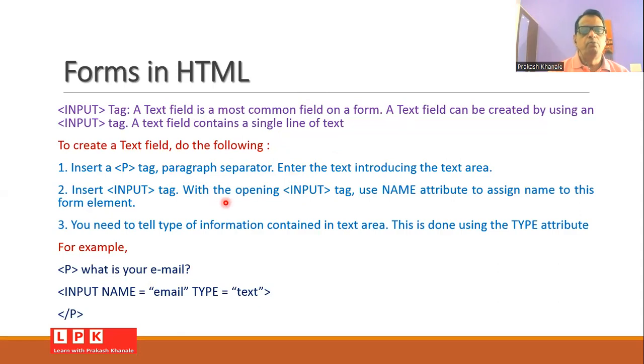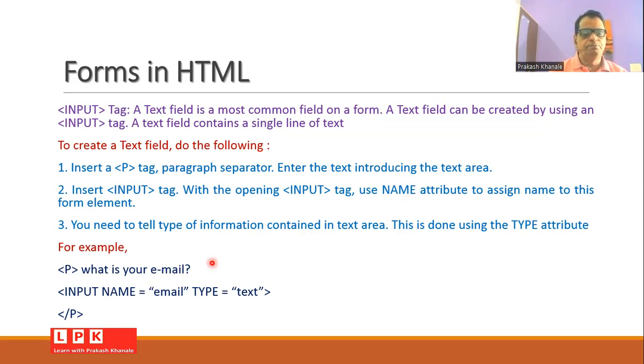Then we insert the input tag, and in the opening of the input tag, we can use the name attribute to assign some name to this form element. We also need to specify the type of information that will go in the text area, and this can be done by using the type attribute. So the type of information that the user is expected to enter can be described by using the type attribute.